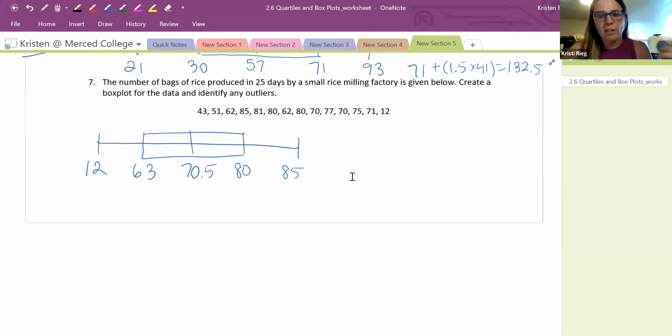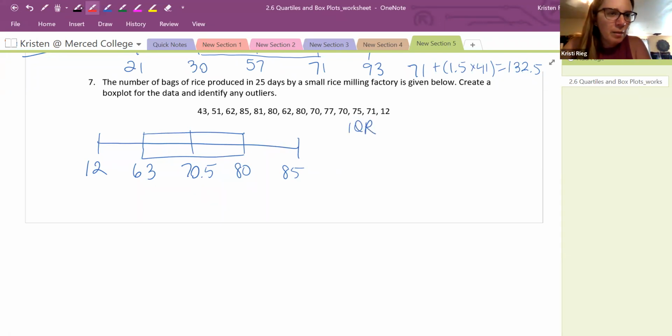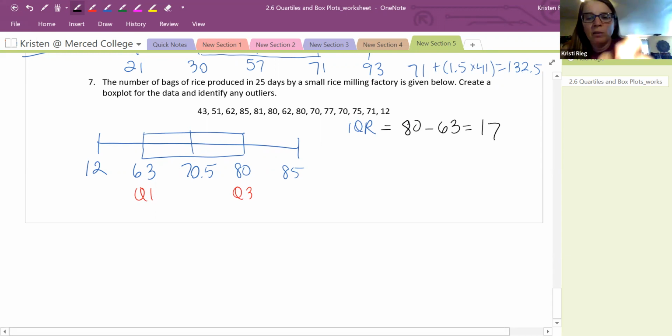Okay, outliers are a little harder. So first I need the IQR. I am going to write some of this stuff on here. Change to red. So there's my Q1 and there's my Q3. So when I do my calculations, my IQR is going to be 80 minus 63, which is 17. Okay, finding my outliers.